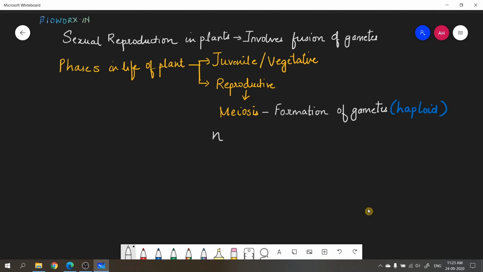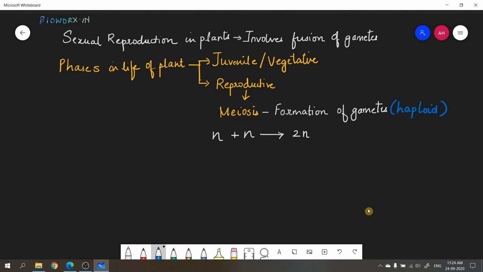If you have to represent that in the form of a simple equation, I would write N to represent a haploid gamete. When it fuses with another gamete which is also haploid, represented by another N, it will lead to the formation of a zygote which will be 2N.